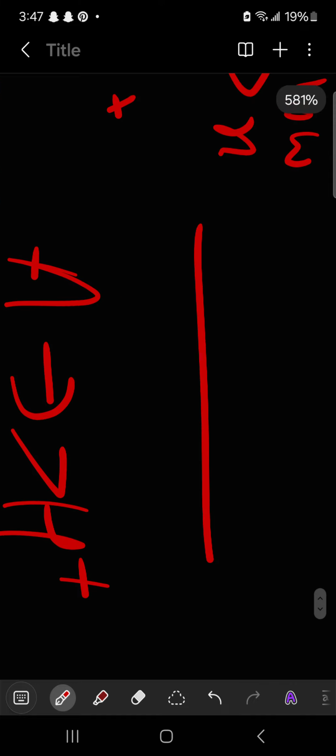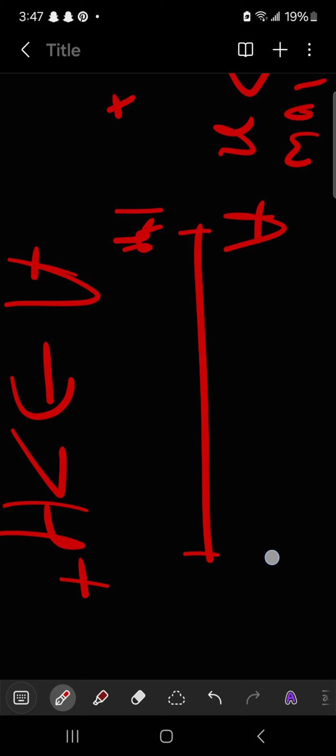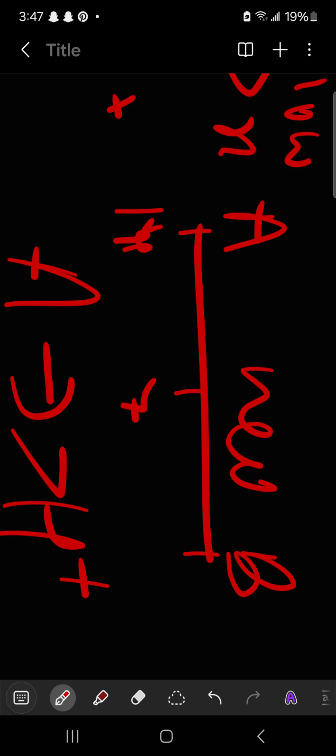And you guys know acidic means there's a higher concentration of H plus ions. Let's say over here, this is going to be 14. This is going to be the acidic, and right here is going to be basic. Okay, and 7 is going to be neutral.